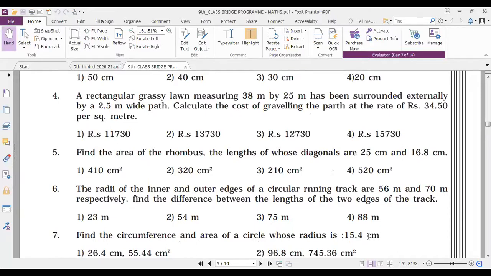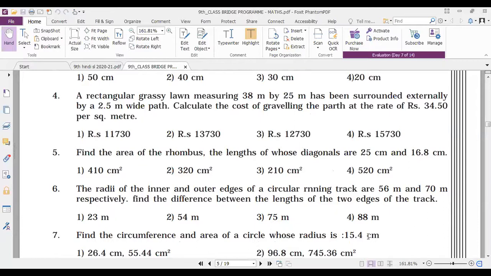Radii of the inner and outer edges of a circular ring track are 56 meters and 70 meters respectively. Find the difference between the lengths of the two edges of the track.